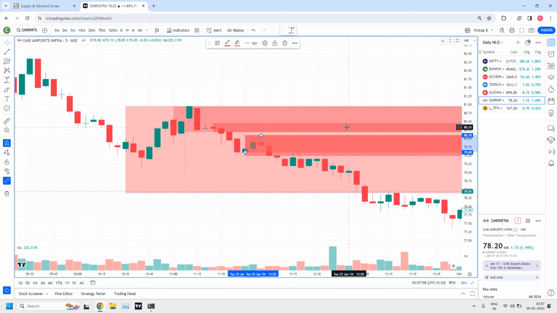So by the time prices enter into the one above, mostly the pending orders here could be more than the existing remaining demand. That way we can expect a strong push from here. Here also a push might be there, but we don't know how strong it is going to be because it is tested once.